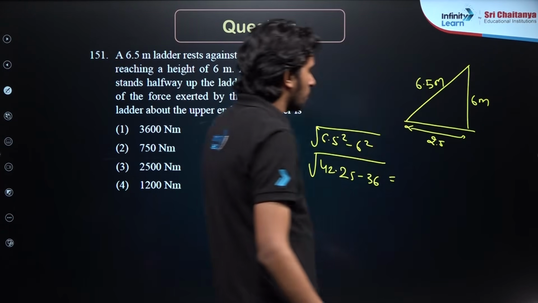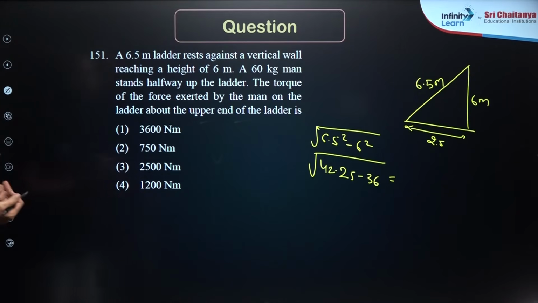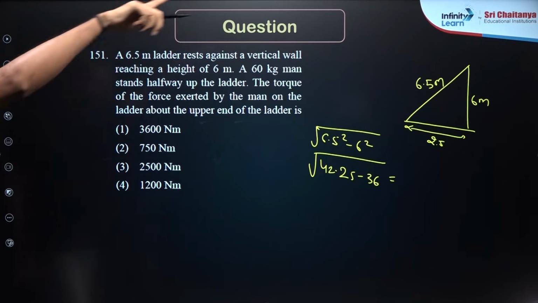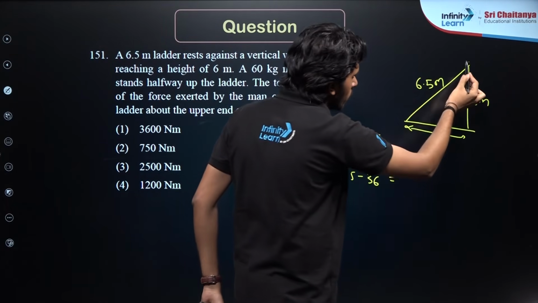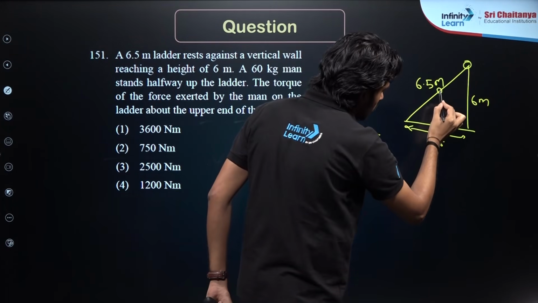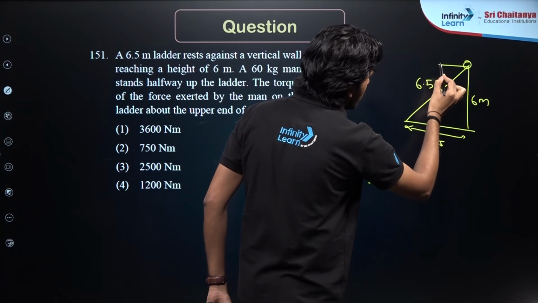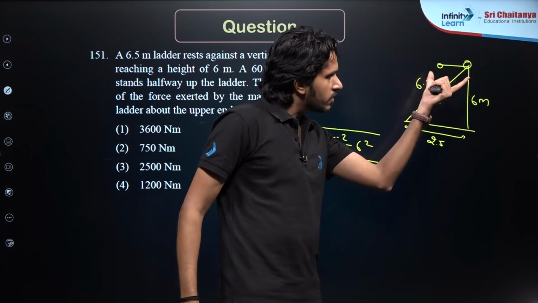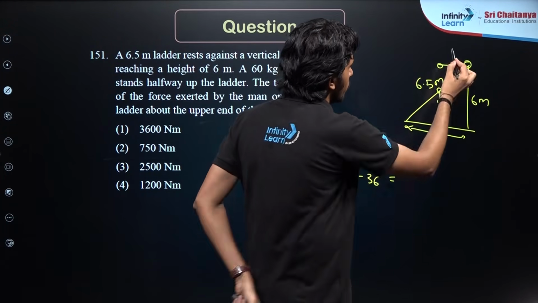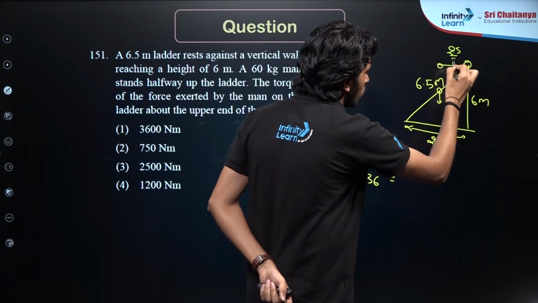2.5. Okay, that distance is 2.5. The torque of the force exerted by the man on the ladder about the upper end, about this point. That force is working over here, and that means the perpendicular distance is 2.5 by 2 only.